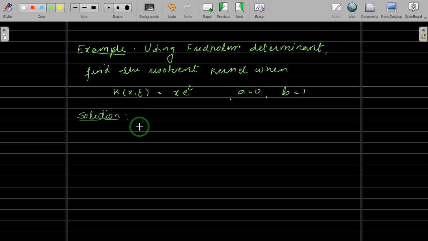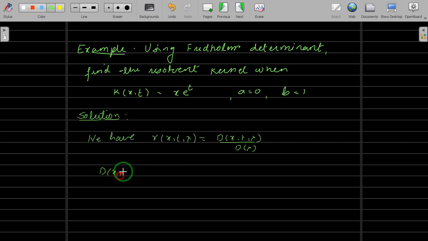Then first you can check the solution and then you verify your solution. Now we have the resultant kernel gamma(x, t, lambda), which is given by D(x, t, lambda) upon D(lambda). And then let me write what is D(x, t, lambda).